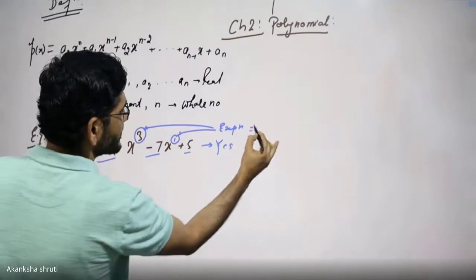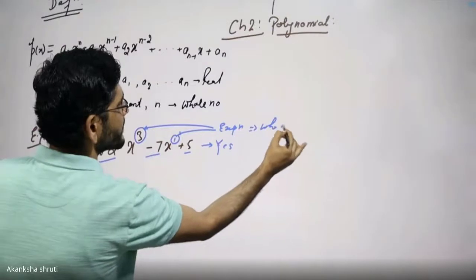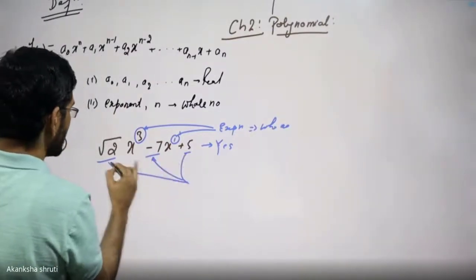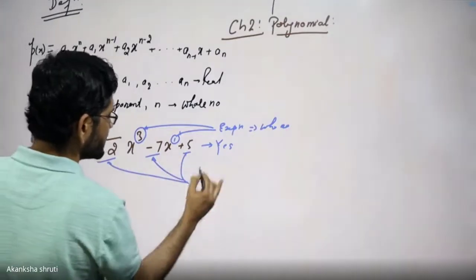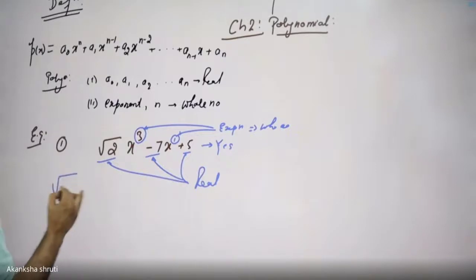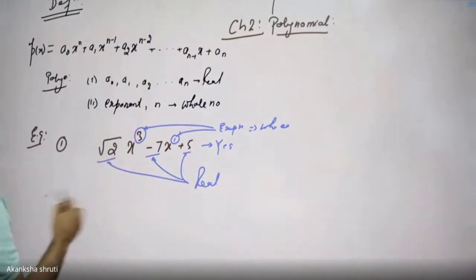So these are positive integers or whole numbers. And the root 2, minus root 7 and 5, these three are real. Keep in mind, root 2 is real, but if there is under root minus 2, it is not real. It is beyond your syllabus, so you can leave it.